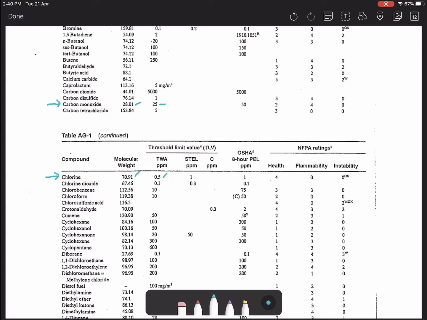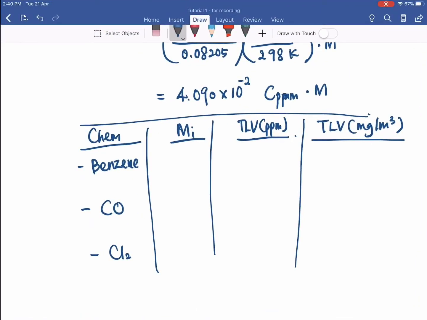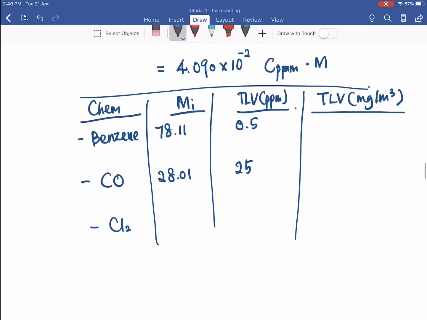Let's convert all this data back to the table that we drew out. So now we have 78.11 and the TLV here is 0.5 ppm. Here we have 28.01 and the TWA value is 25, and we have 70.91 here, and this is 0.5.